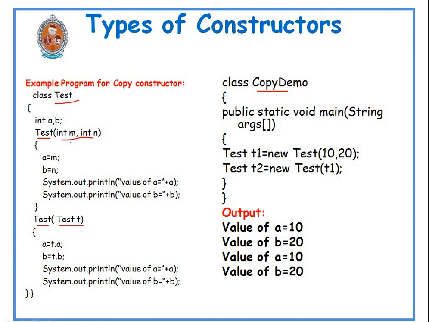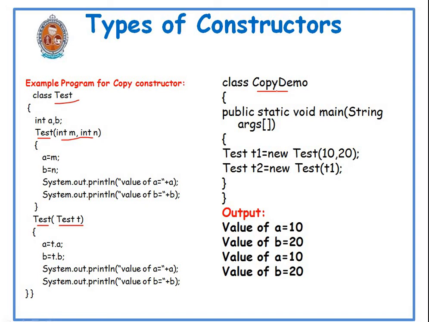So in our class we have two constructors: one is the parameterized constructor and another one is the copy constructor. Inside the copy constructor we have written a equals t dot a and b equals t dot b. That means we have initialized the instance variables a and b with t dot a and t dot b. After that, we have written two output statements to print both values of a and b.